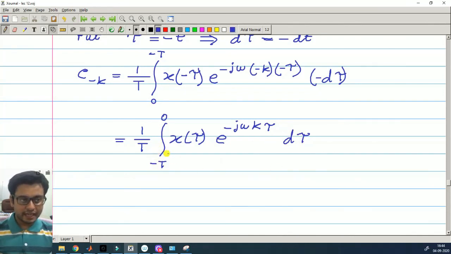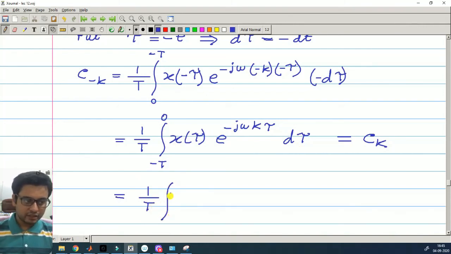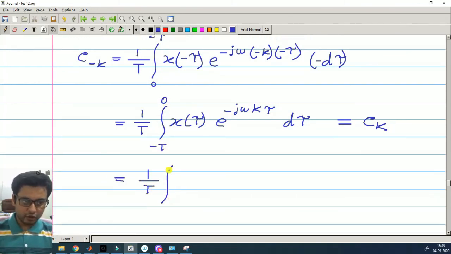Now you see that this is nothing but Ck, because we have, or you can write one more step. This is 1 over T. Integration is actually over a complete cycle.